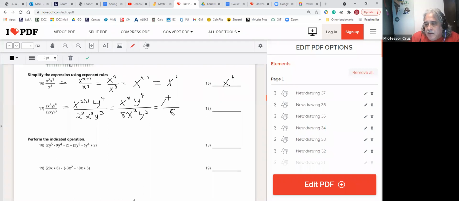And we got x to the 8 minus 3. And y to the 4 minus 3. So that's going to be what? 8, x to the 5th. And just a plain old y to the first power.